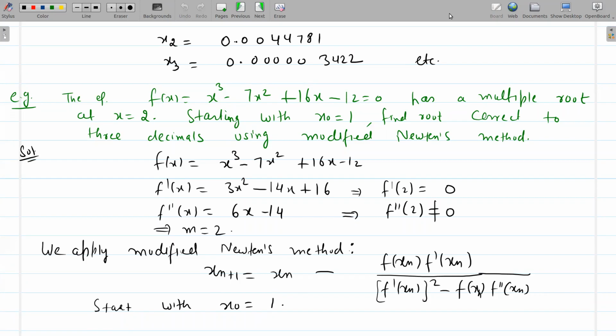Okay, so this is the end of this topic. That's it in the root finding problem. So we have studied four methods, starting with bisection. So let us make a conclusion.